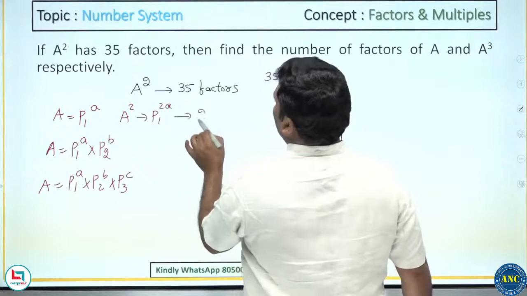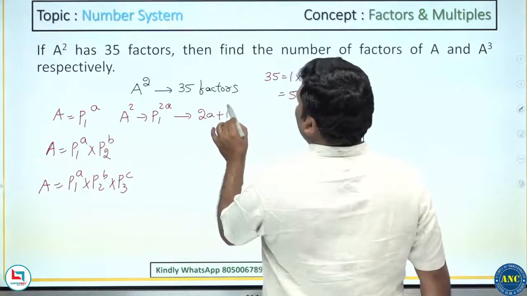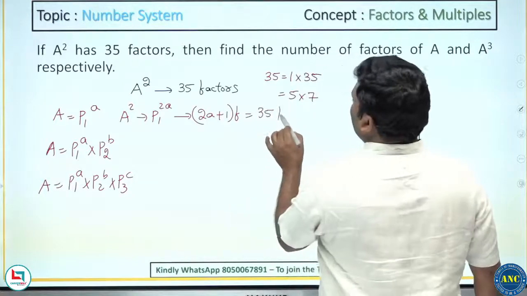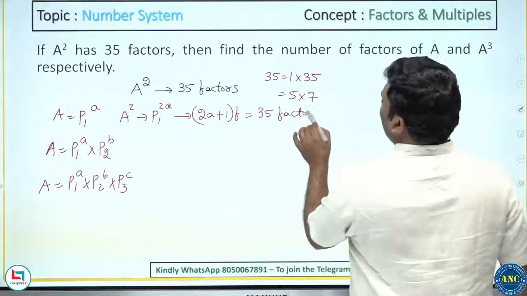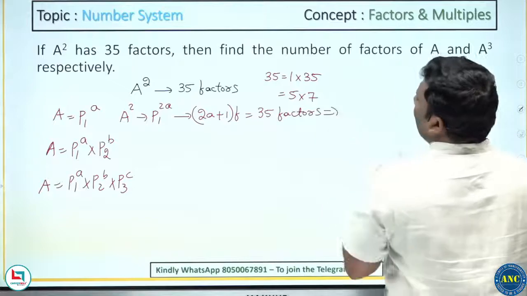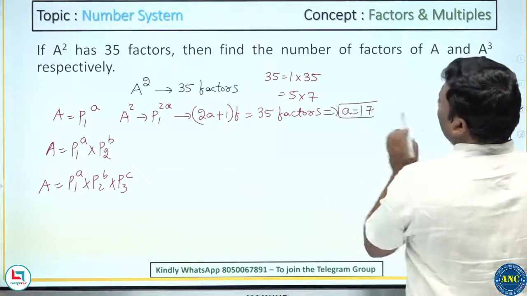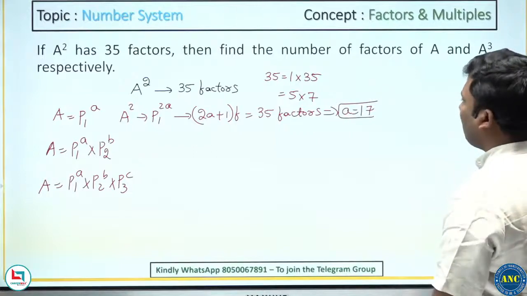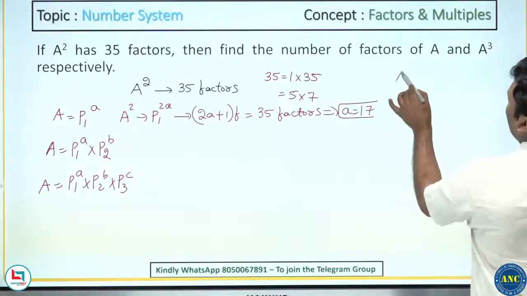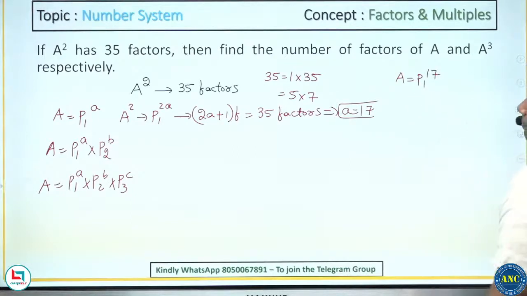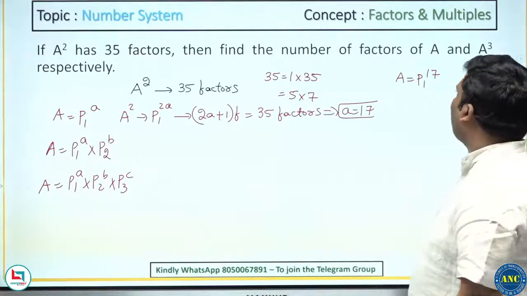That means the number of factors will be 2a plus 1, which is given as 35. 2a plus 1 is 35, so a value will be 17. That means A is P1 power 17.